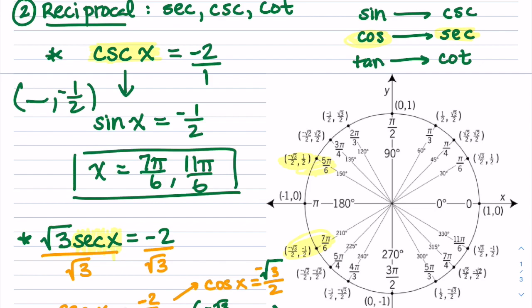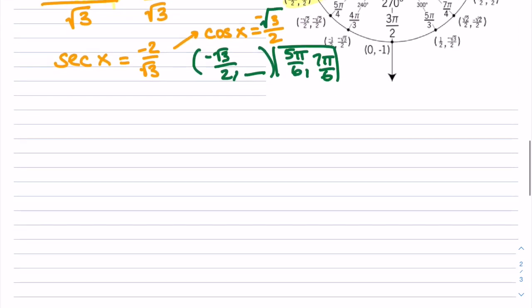So then those two would be 5 pi over 6 and 7 pi over 6. Sorry, I have a big eraser. 5 pi over 6, 7 pi over 6. Okay. So we can keep going.